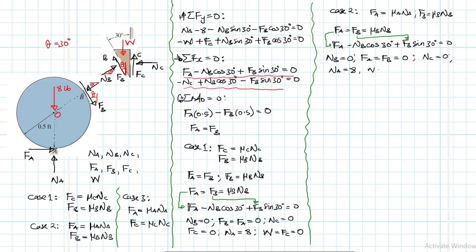Therefore, you have your W equal to FC, which is equal to 0. Then case number 3, where we are assuming impending motion at A and C. So we have FA equal to mu A NA, and then we have FC equal to mu C NC.